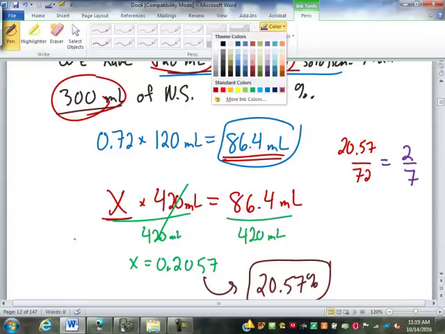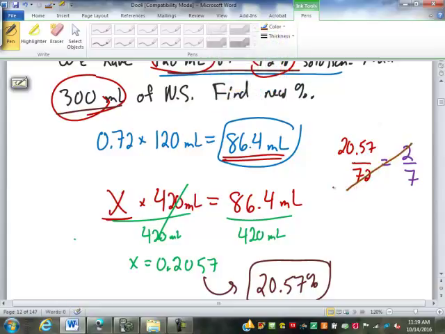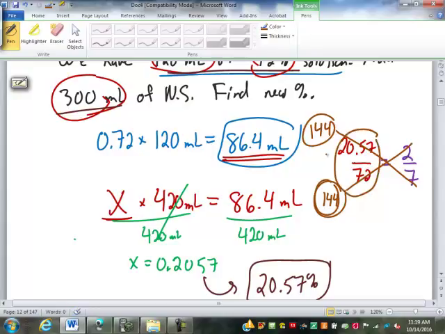If this is true, I should be able to cross multiply and get the same product in both directions, right? 2 times 72 should be the same as 7 times 20.57. 2 times 72 is 144. 7 times 20.57, now we rounded that, so it's actually like 143.9 something, but it is 144. So you can see the ratio of my percents, the new percent over the old percent, is the same as our dilution in each problem.